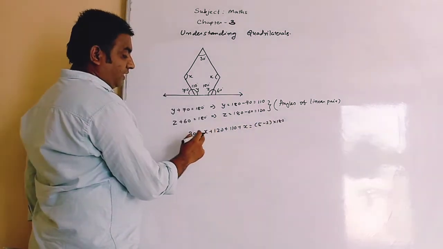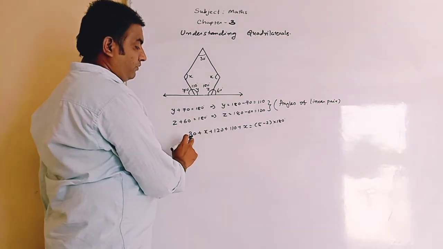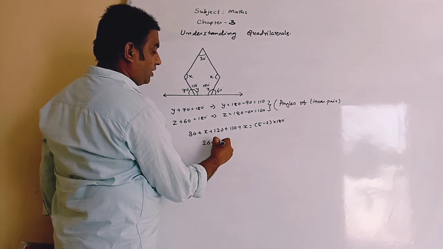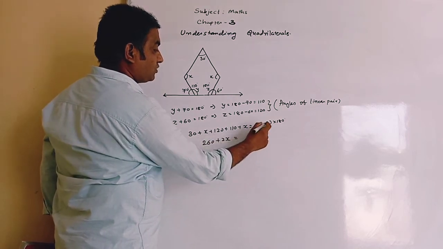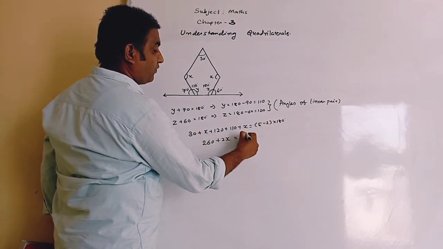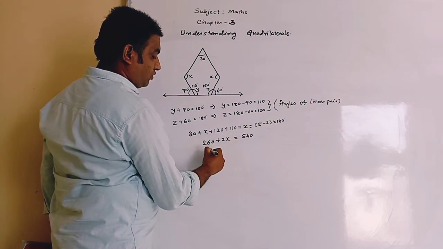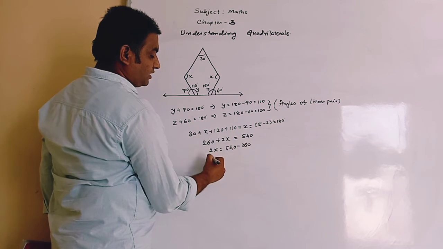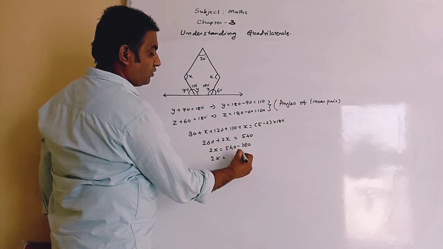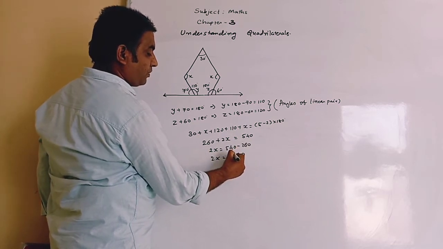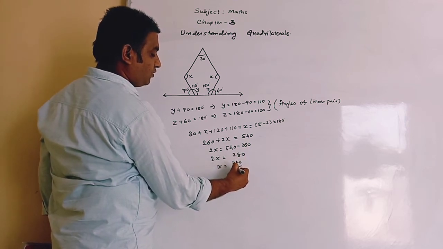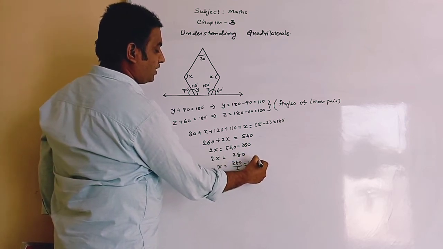So 120 and 30 is 150, 150 and 110 is 260, so 260 plus 2x equals 3 into 180, which is 540. And so 2x equals 540 minus 260, which is 280. And so x equals 280 divided by 2, which is 140.